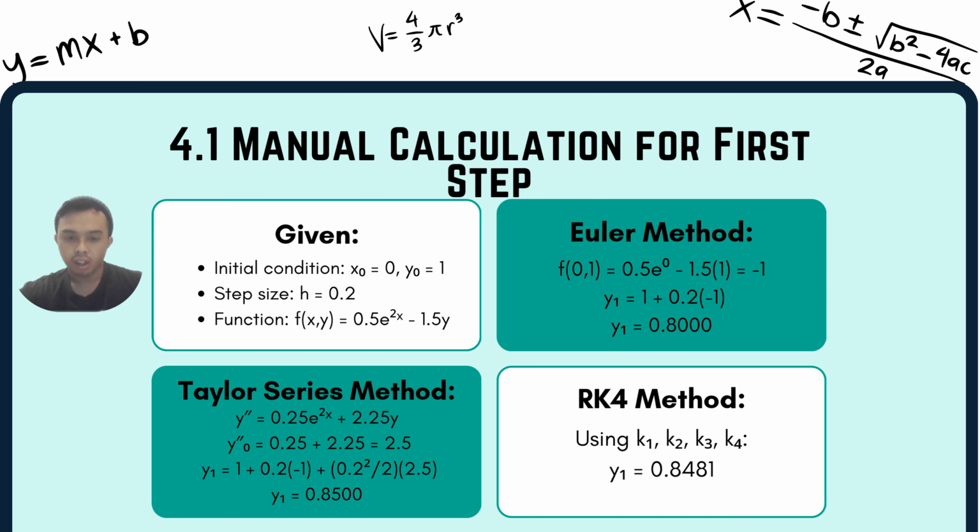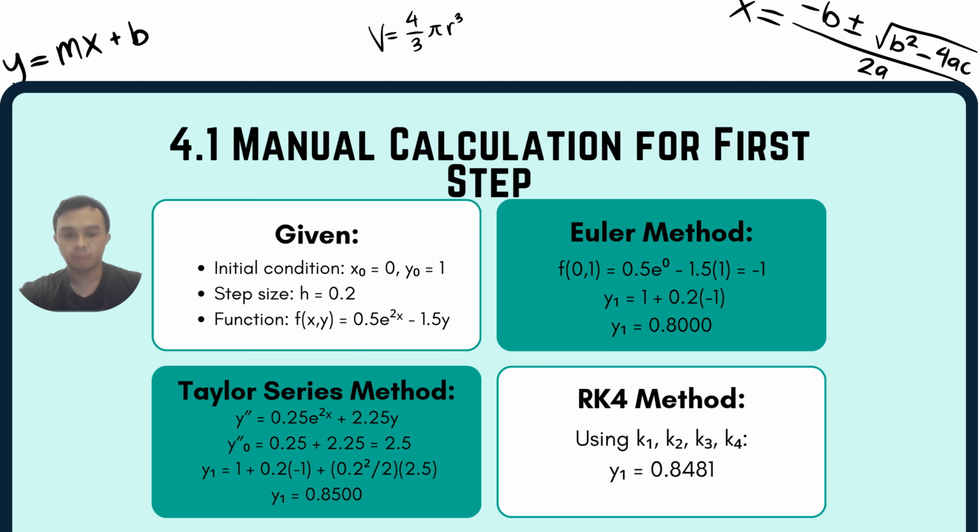0.8000. For the Taylor series method, the second derivative is y'' equals 0.25 e^(2x) plus 2.25 y. At the initial point, y''(0) equals 2.5. Substituting into the Taylor formula gives y1 equals 0.8500.